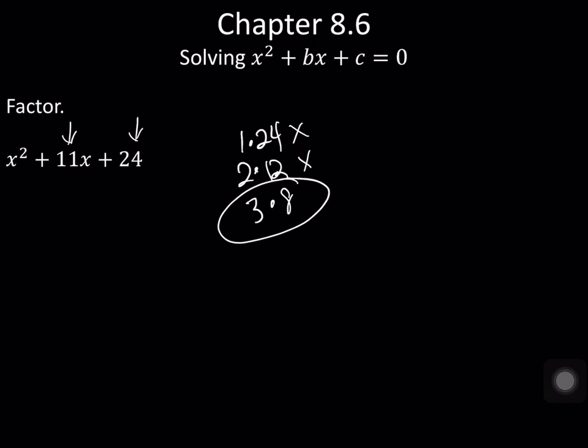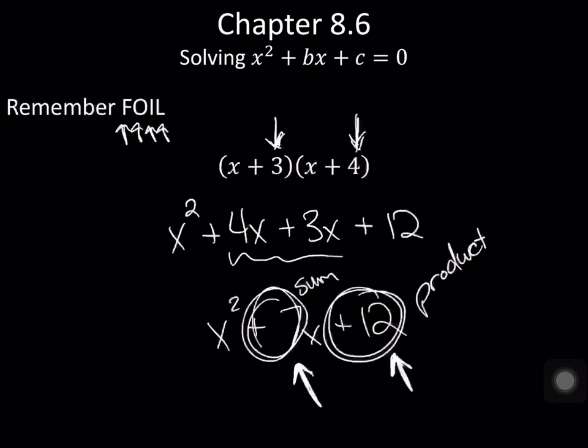Let's go back real quick and notice where those numbers go. So 12 was 4 times 3, and 7 was 4 plus 3. And notice where the 4 and the 3 are. Both of these expressions started with x times x because that's where the x squared comes from.